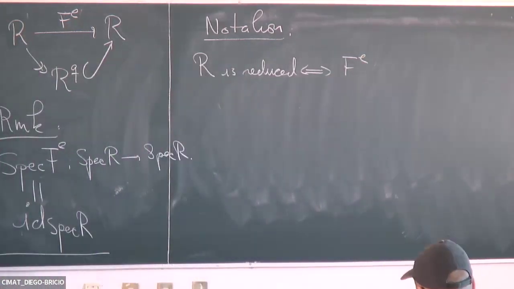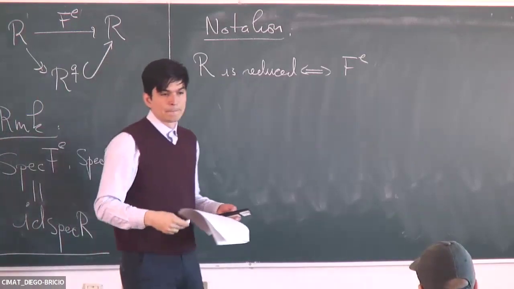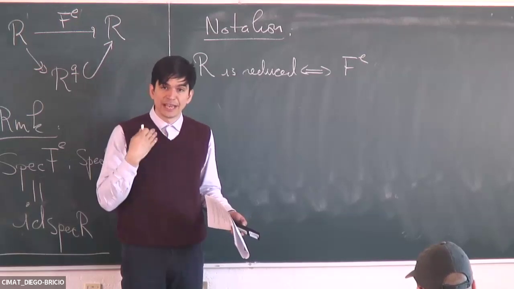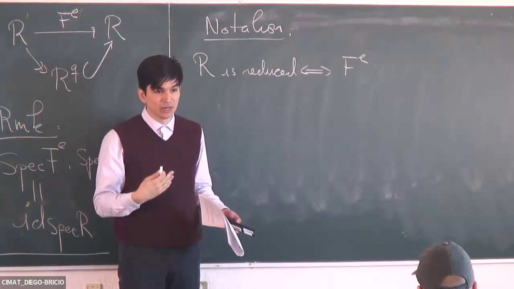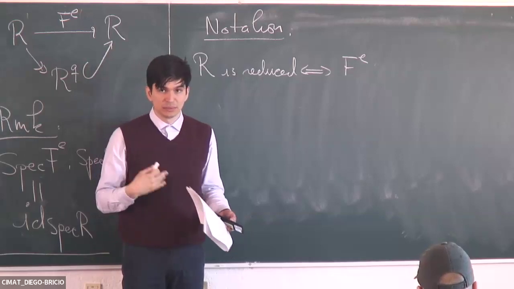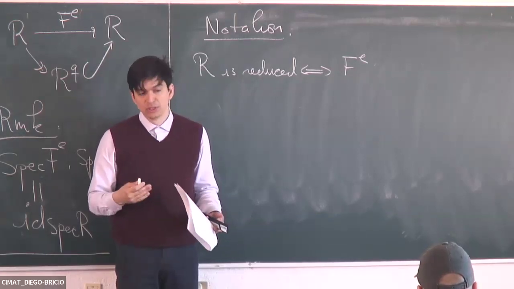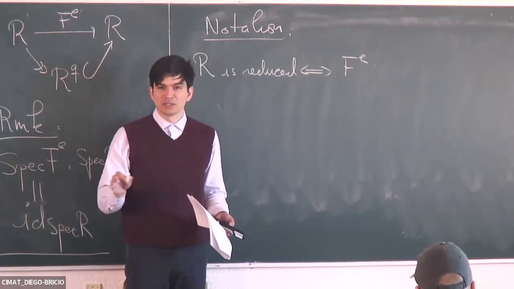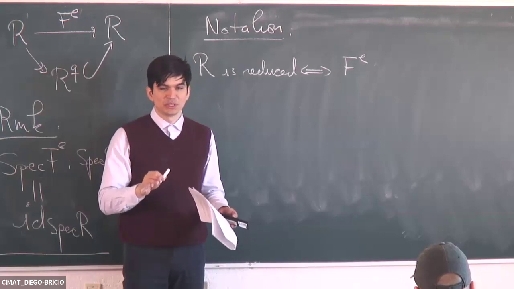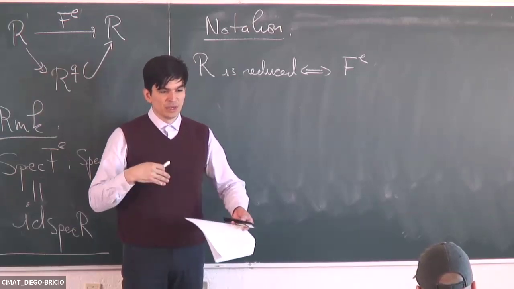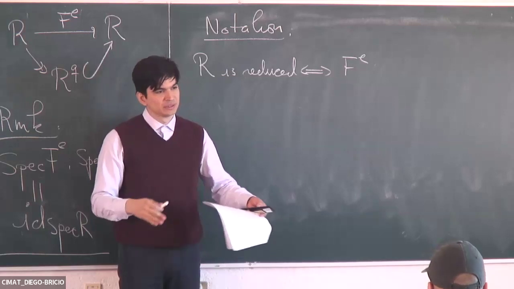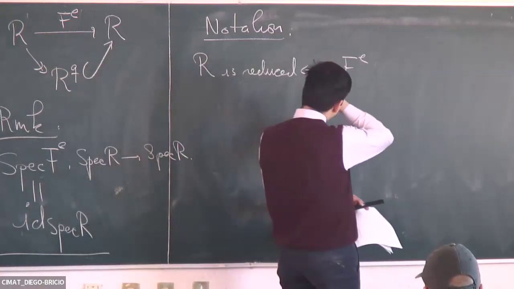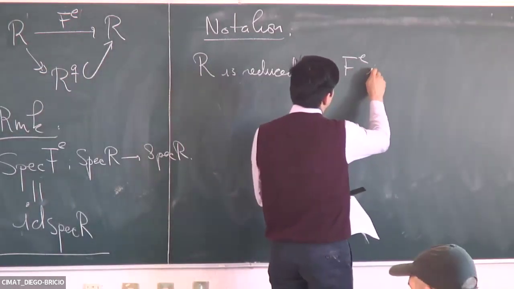So if R is reduced, Frobenius is injective, and the converse is true, actually. So actually, this is the first hint that Frobenius detects singularity, because reducedness is a singularity property, right? For example, reducedness means R0 plus S1, this famous property, which means like regular in codimension 0 and like Serre's S1 in codimension 1. This is type of property. So this is a singularity property. And so F to the e is injective.